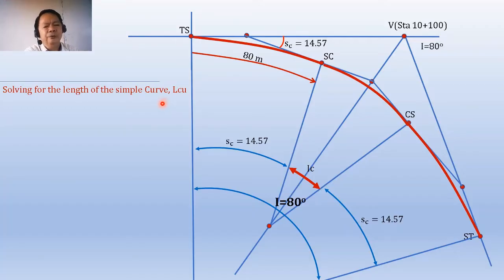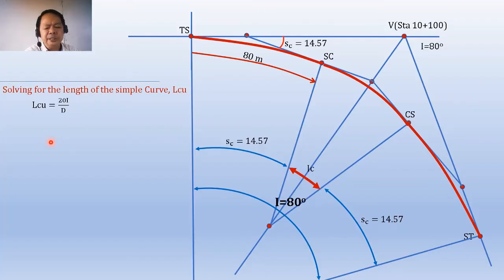As we have computed our intersection angle, we can now compute for the length of the simple curvature. The total length from SC to CS is equal to the same formula that we have used in our simple curvature, equal to 20 multiplied by I divided by the degree of the curvature.